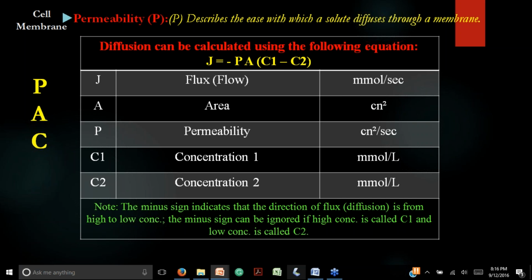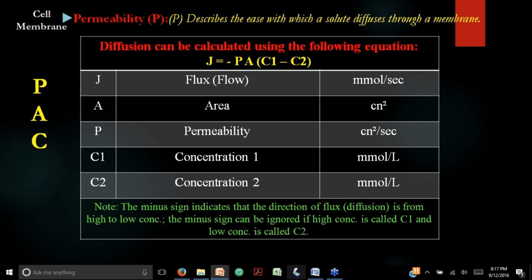Obviously, we also have the area. The more area that we have, the more flow we will find. And the more difference in concentration, if you have a big difference in concentration, most likely this diffusion is going to happen strongly.